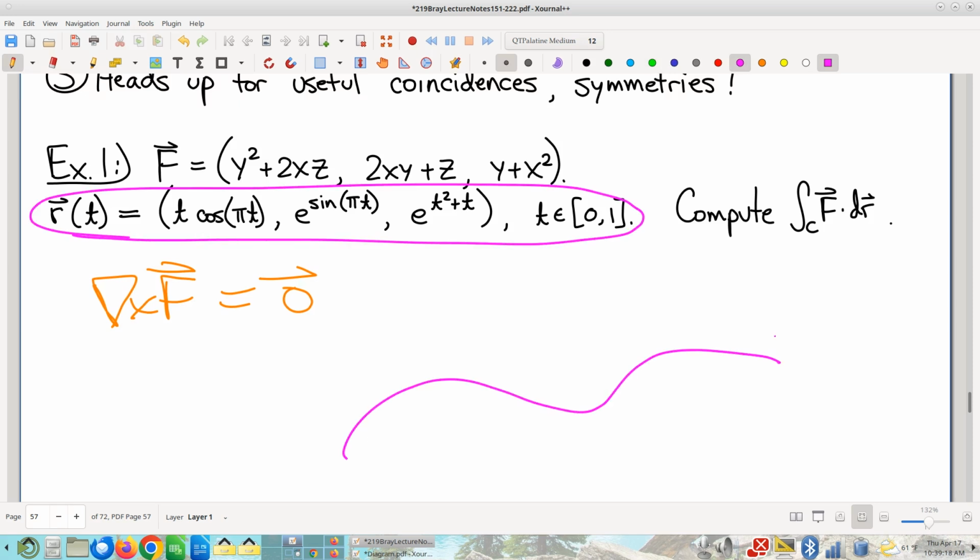So our curve is something like so. And if you put in t equals 0, you'll get the starting point. And if you put your ending t equals 1, you get your ending point. And what you will find, if you plug those in, is that the starting point and the ending point are not the same point. This curve starts and ends at different points.